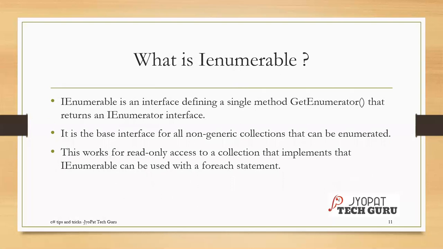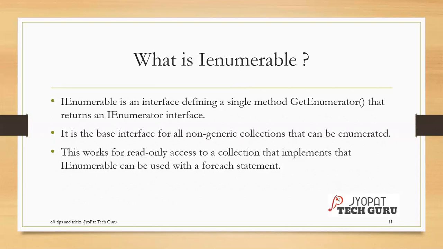You might have used it within your code. This is just to make you understand the definition. IEnumerable is an interface defining a single method, GetEnumerator, that returns an enumerator interface. It is the base interface for all non-generic collections that can be enumerated. So whenever you want to define any non-generic collections, you can use this enumerable interface.